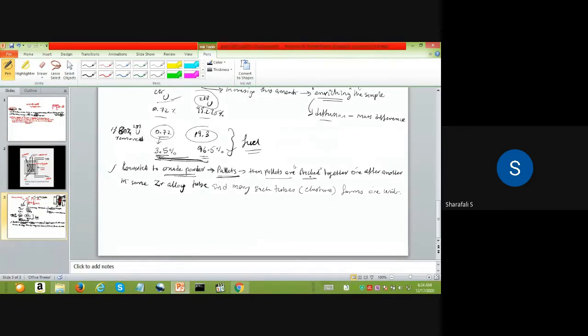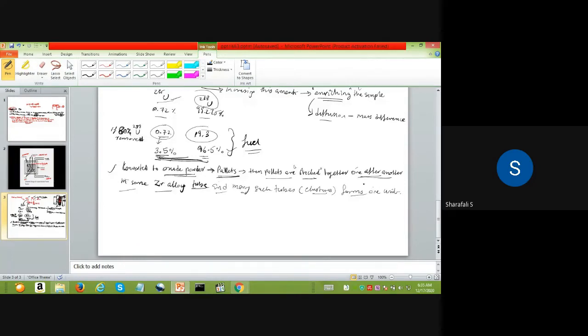So with some designed geometry that we are considering, the pellets are stacked together one after another, and then placed in a zirconium alloy tube. Many of such tubes will form this cluster, and that forms one unit.